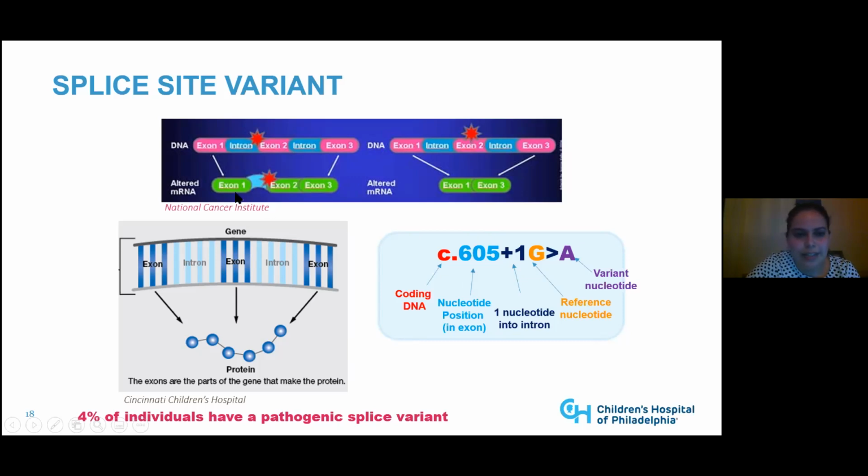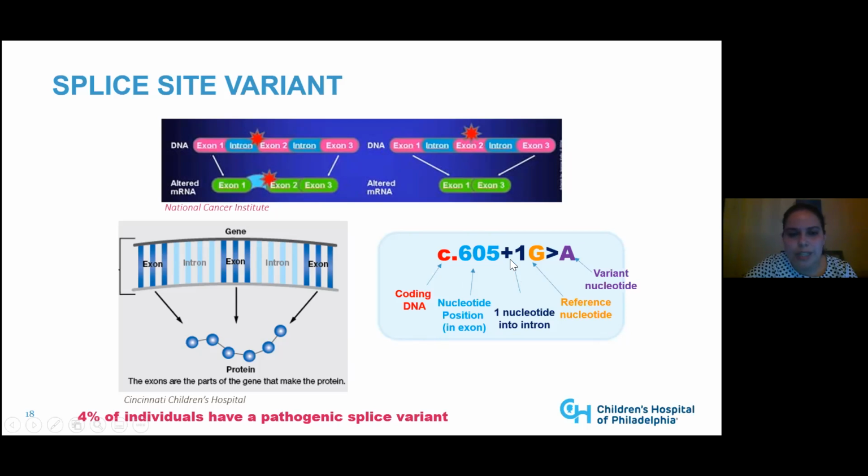So let's say you're supposed to have 1, 2, 3, but these splice site variants change the way that these exons are put together. And so we're skipping exon 2. So we're skipping an important part of the protein that is needed for it to function. And that is how it causes disease.